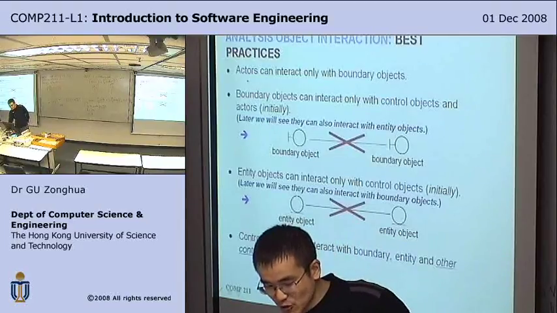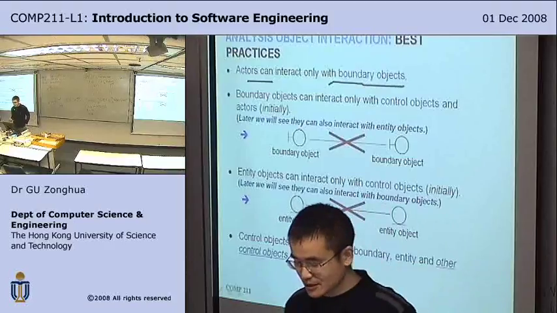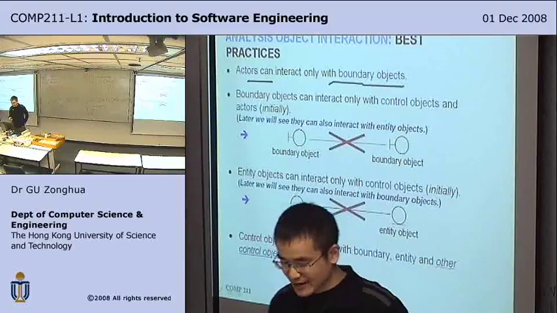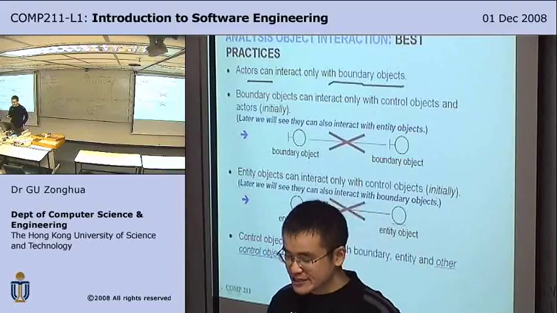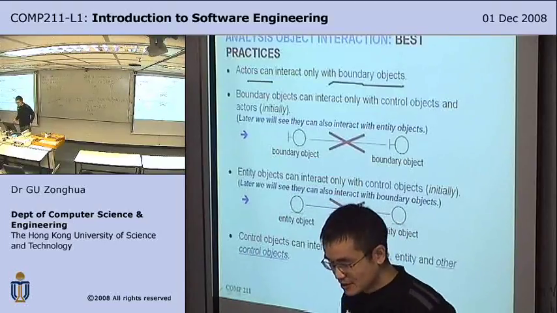Actors can only interact with boundary objects. Obviously, that's why boundary objects are designed, to encapsulate the system so the actors can only see the boundary objects, not inside directly into the entity.